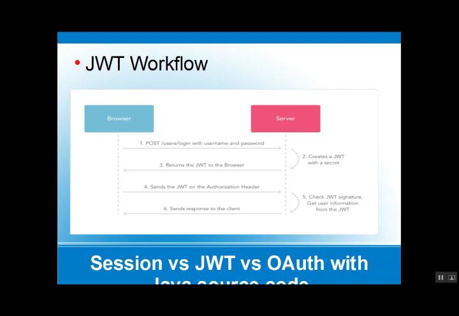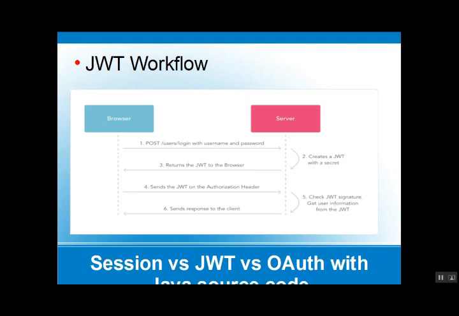So first we need to make sure that the information being sent by the user is valid, the username and password. Then, if the username and password are valid, the server will create a JWT token and send it back to the browser.